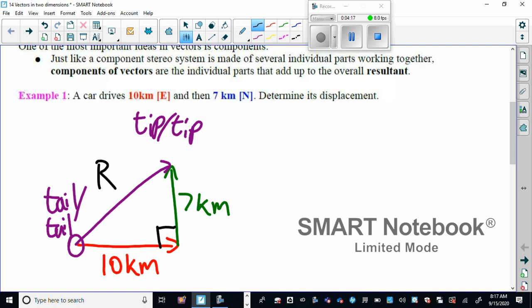R squared equals 10 squared plus 7 squared. That's simple Pythagorean theorem.